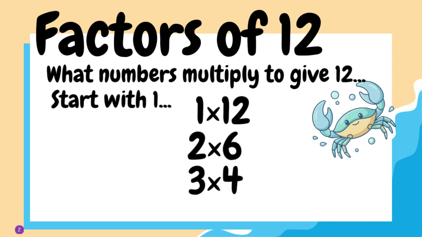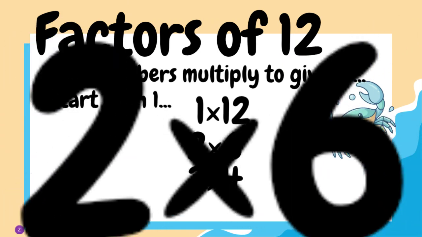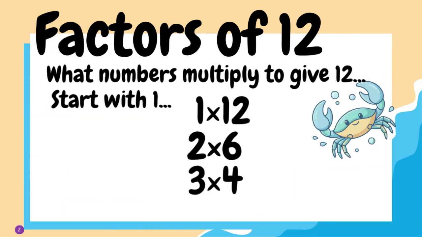You can multiply 6 to get to 12, but we already wrote 2 times 6. It's not necessary to write 6 times 2 again. And if we go through all the other times tables, you will end up at 12 again, which is 12 times 1, but we already wrote 1 times 12.